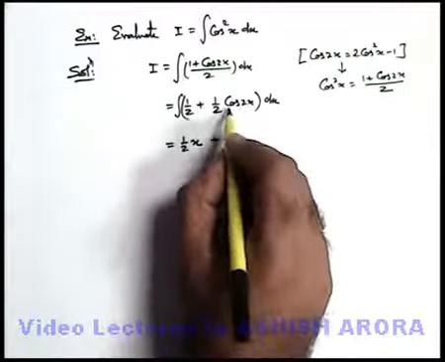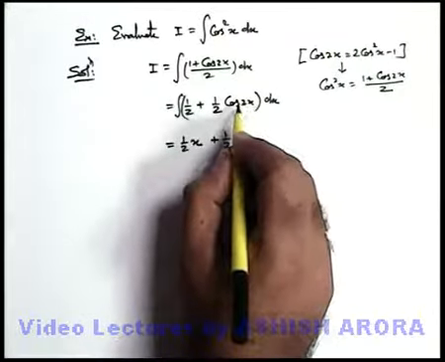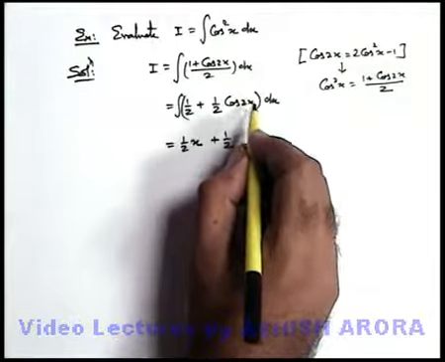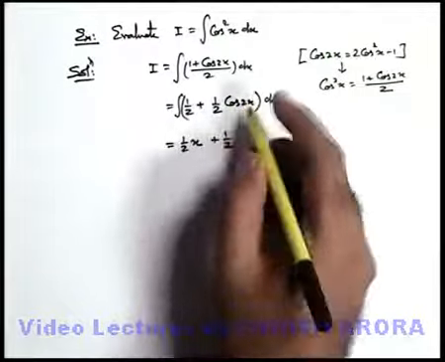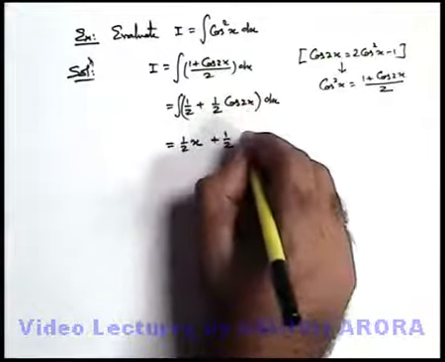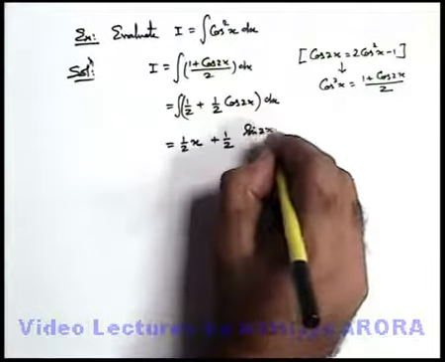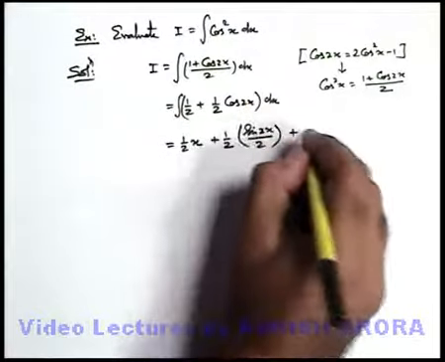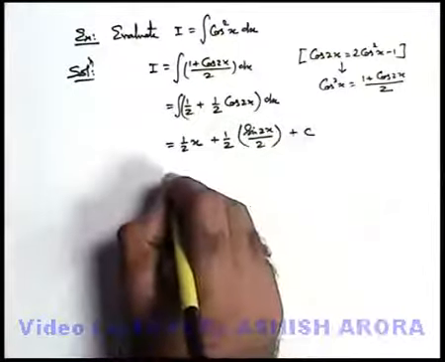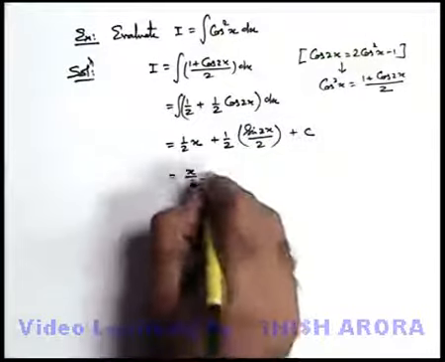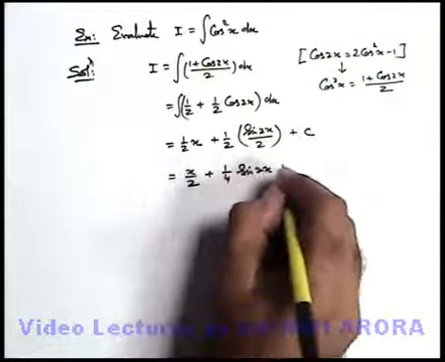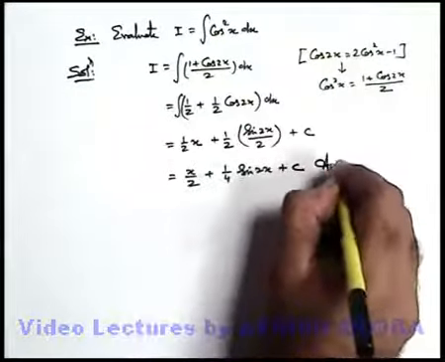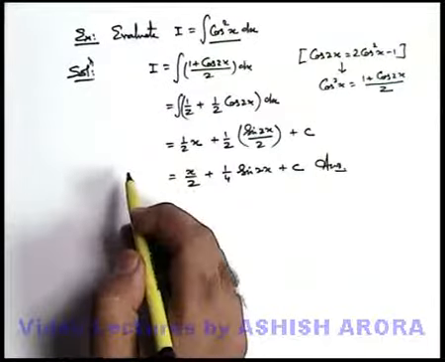If we talk about the integration of cos 2x, we know integration of cos x is sin x. So here if we take this 2x as a linear function, integration of cos 2x will be sin 2x by 2 plus c. So our final result will become x by 2 plus 1 by 4 sin 2x plus c. So this will be the result of this integrand when it is integrated.